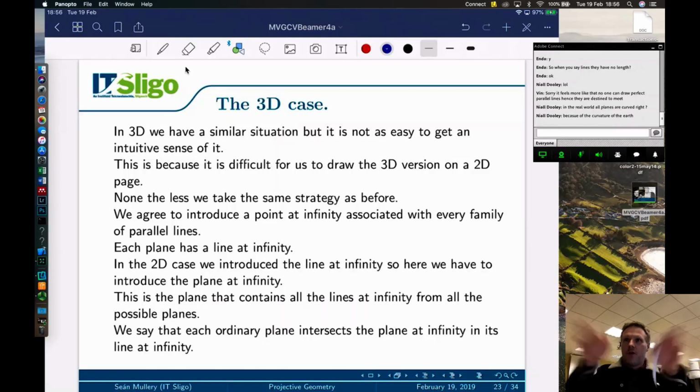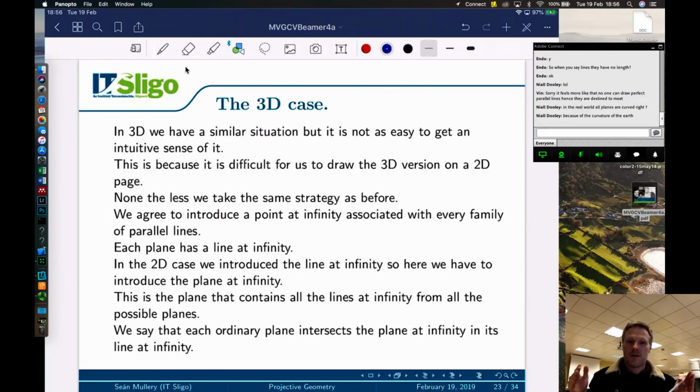Okay, so they're all on the one plane here, on the horizontal plane. They've got their walls, okay, but this one appears to go that way, and this one appears to go off in this direction, and therefore they clearly meet at different places. So what happens here is that we actually have a full plane off at infinity, which you can kind of see if you just look off into the distance wherever that ends. And that's a full plane, and then in the 3D case we intersect with that.